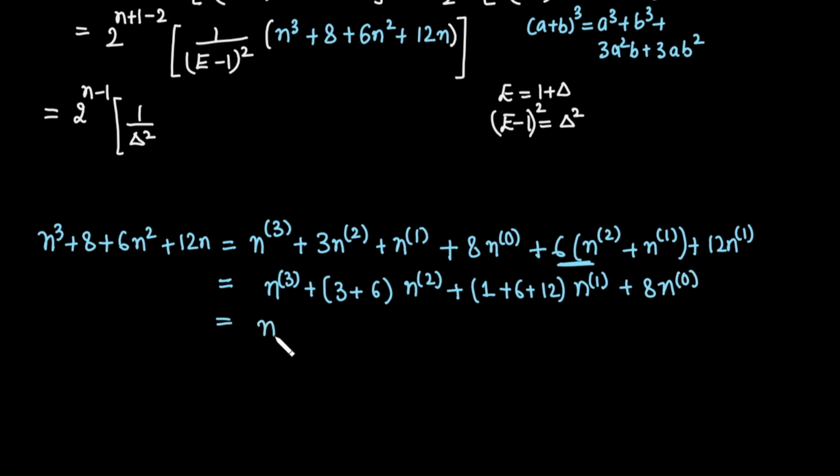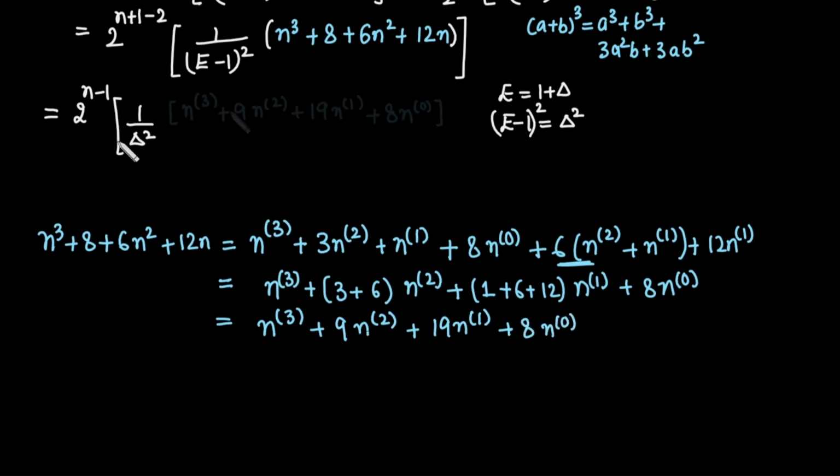Simplify this. This is n raised to power 3 factorial polynomial plus 9 times n raised to power 2 factorial polynomial plus 19 times n raised to power 1 factorial polynomial plus 8 times n raised to power 0 factorial polynomial. So here we have substituted the factorial form of this general polynomial.